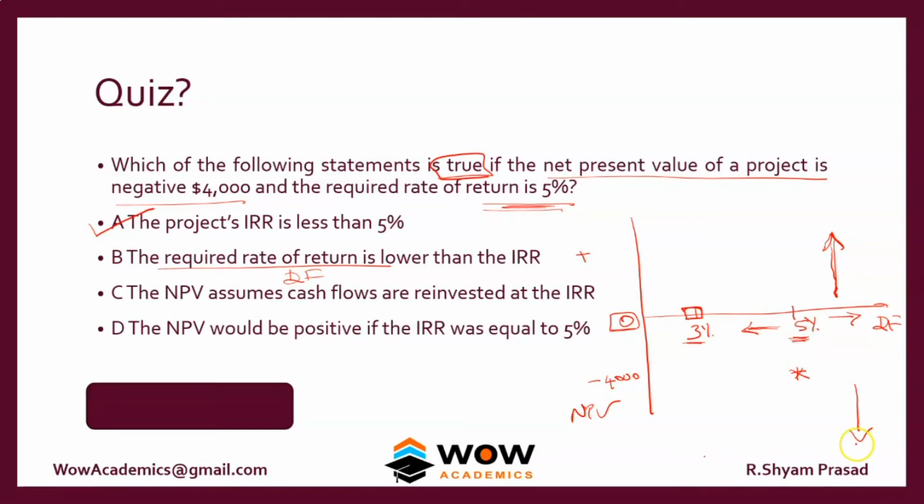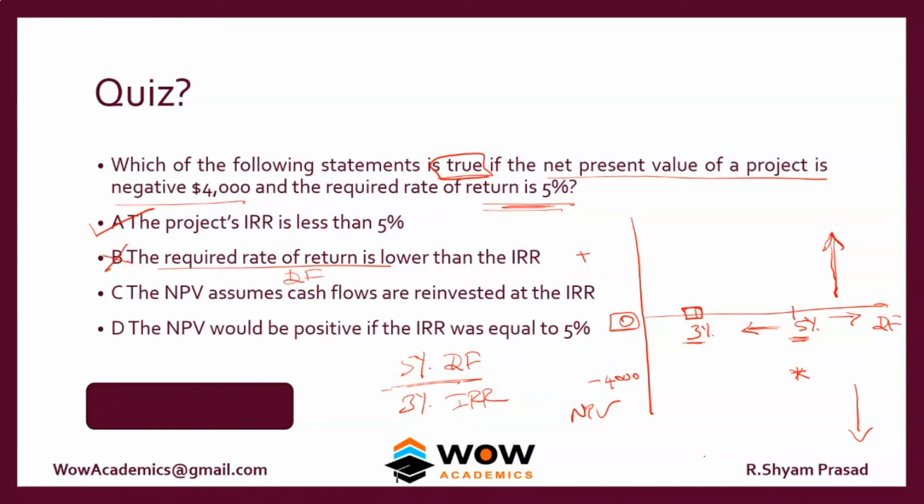That's why we are getting a negative NPV. How can it be lower? The discount factor is actually higher, right? The discount factor is 5%, and IRR should be less than this. That's why we get an IRR of 3%. If that is the case, this is a wrong choice.